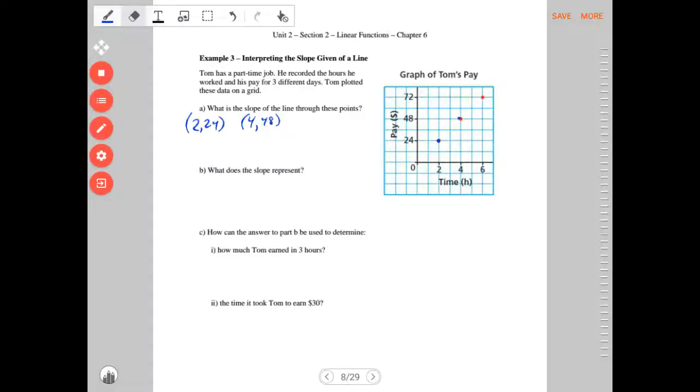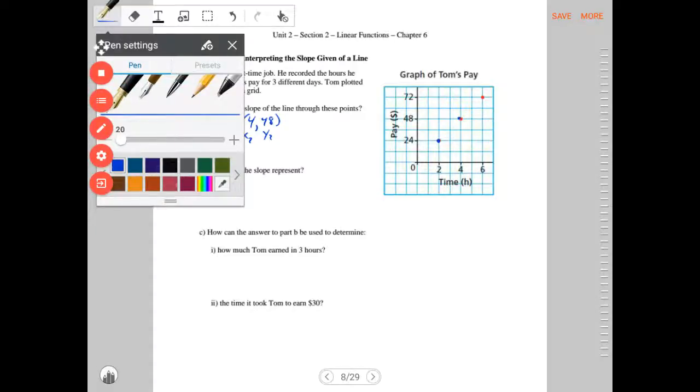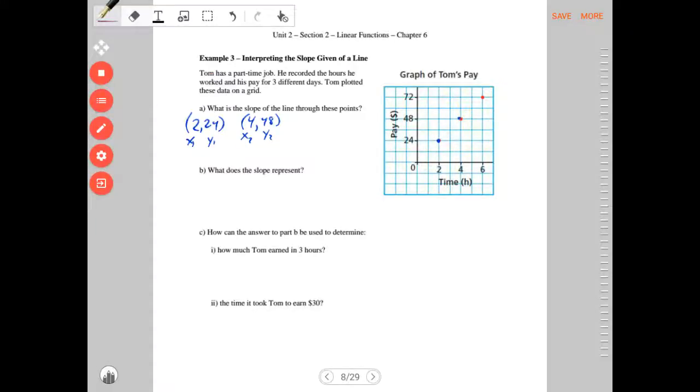Now, it doesn't matter what you label these. I usually start with this. So this guy is going to be my x1, this one's going to be my y1. So that makes 4 x2 and 48 y2. Really, it doesn't matter. You could have made this x2, y2 and x1, y1.